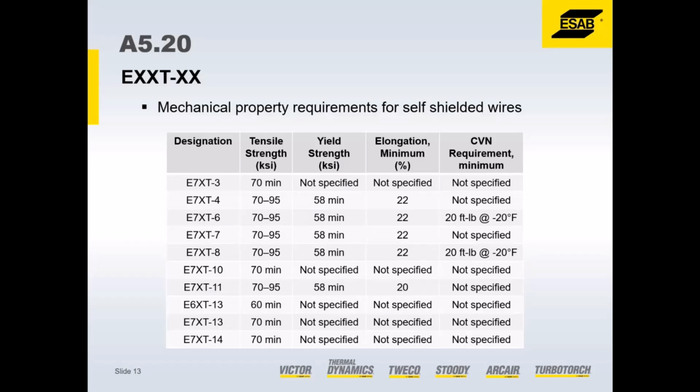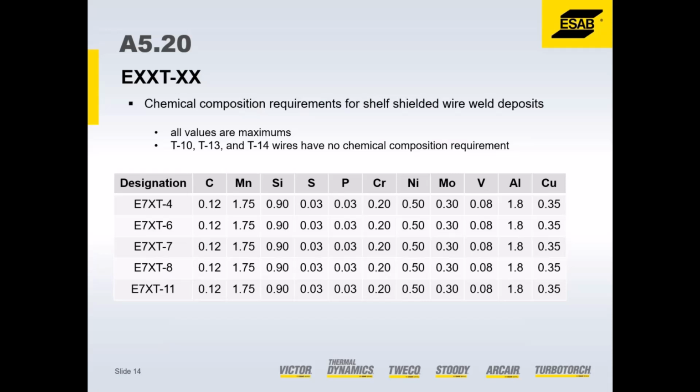So a 70 is going to be that 70 minimum, and some of them are going to have a maximum tensile strength or a minimum yield strength, as well as impact requirements, just like with some of the other products. For the chemical compositions of these, I just wanted to note that the T10, 13, and 14 don't have chemical composition requirements.